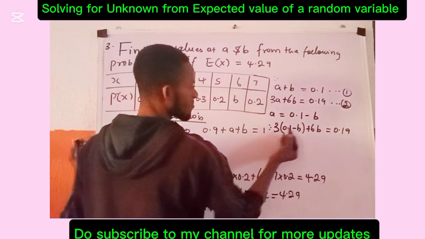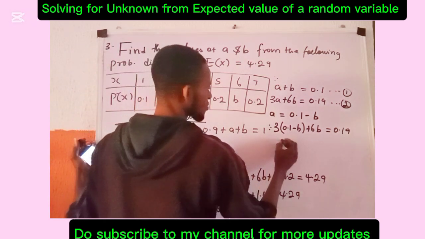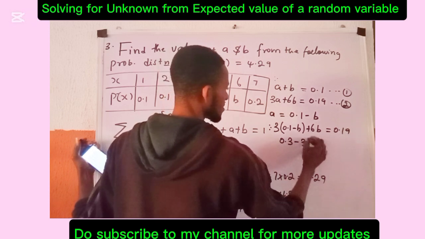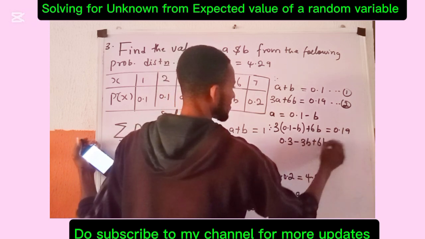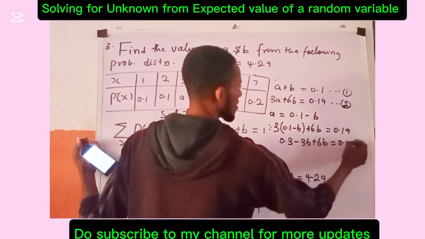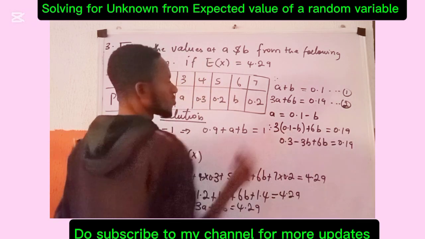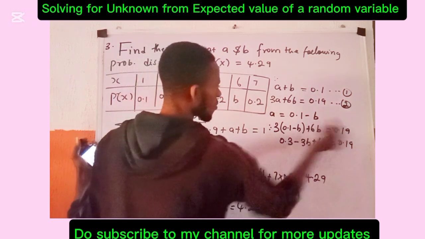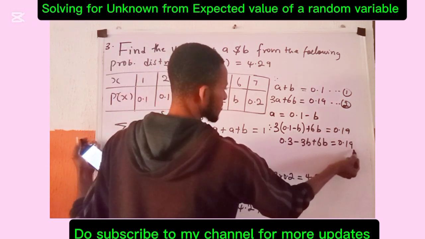So you have 3 multiplied by 0.1 will actually give you 0.3 minus 3B plus 6B equals 0.19 by using this 3 to open the brackets. Now this 0.3 goes over there, it becomes minus.